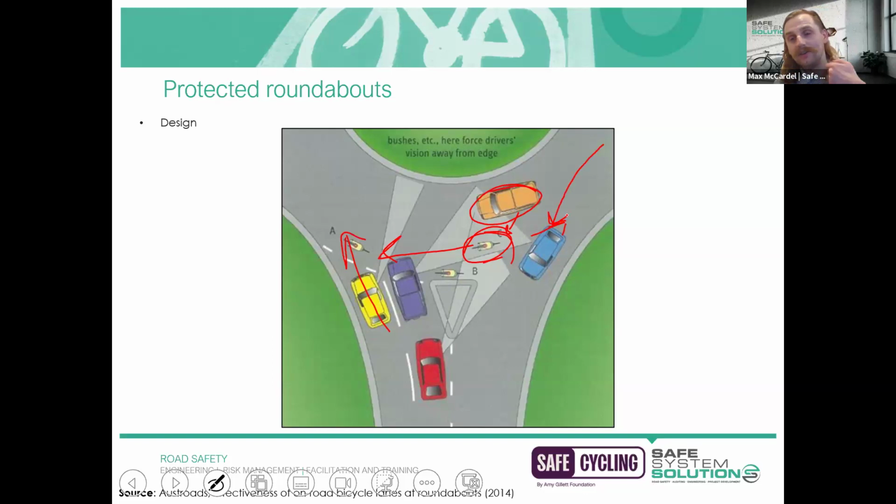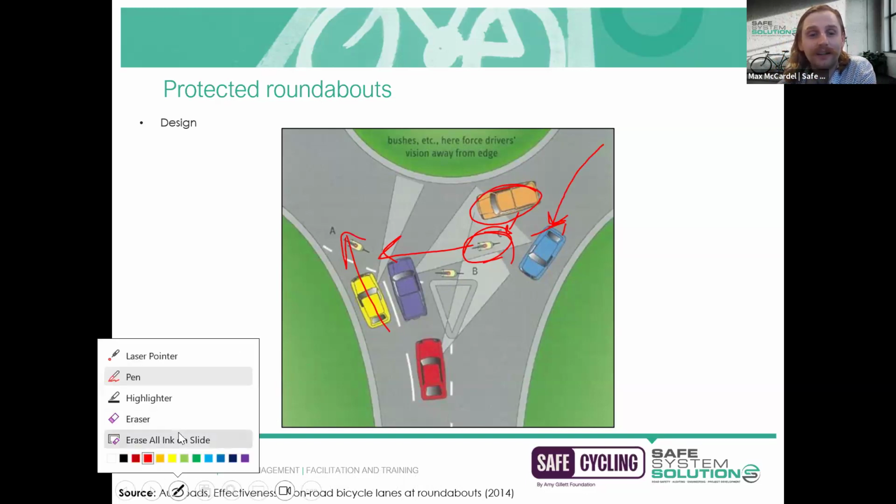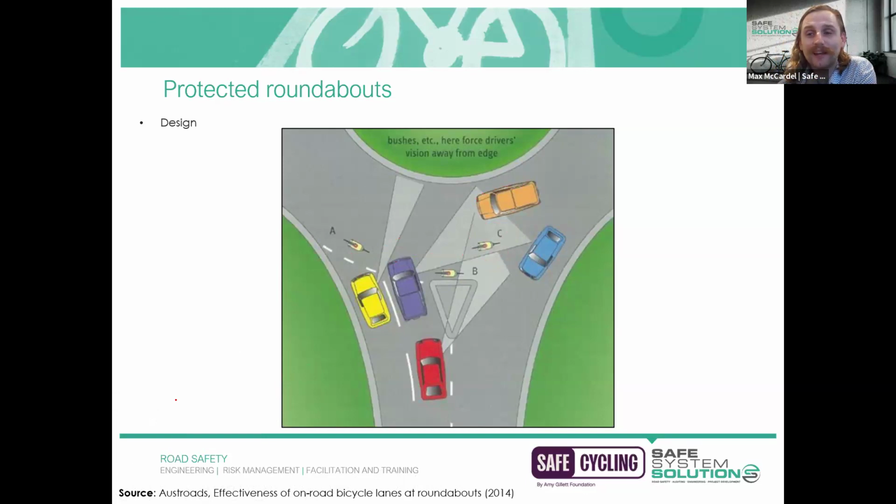So I really think it's good that we're seeing people have different opinions of what would be the highest risk. And I'm not sure there is one correct answer there because they are all quite high-risk scenarios to be in. And exactly why we're saying a protected roundabout is considered best practice is because we're not putting riders in the circulating area whatsoever.